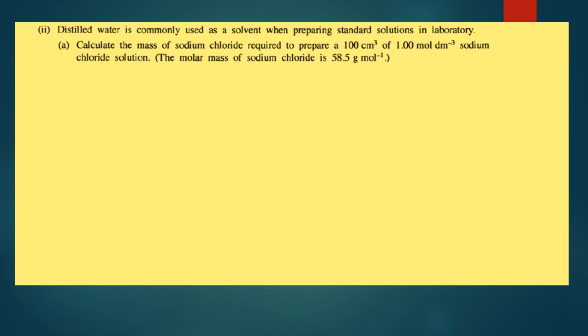Part 2. Distilled water is commonly used as a solvent when preparing standard solutions in laboratory. A. Calculate the mass of sodium chloride required to prepare 100 cubic centimeters of 1 mole per cubic decimeter sodium chloride solution. The molar mass of sodium chloride is 58.5 grams per mole.